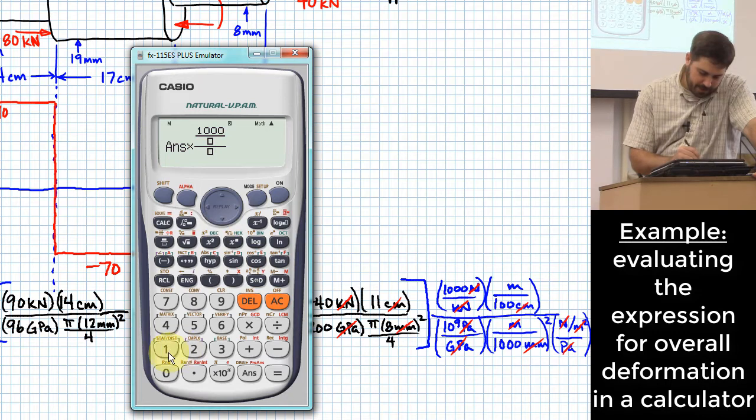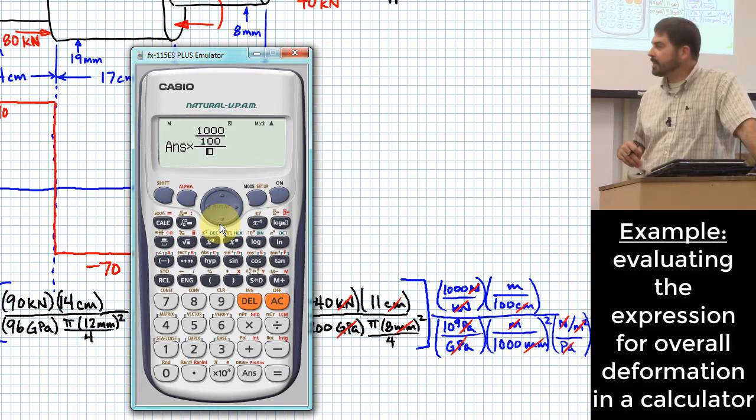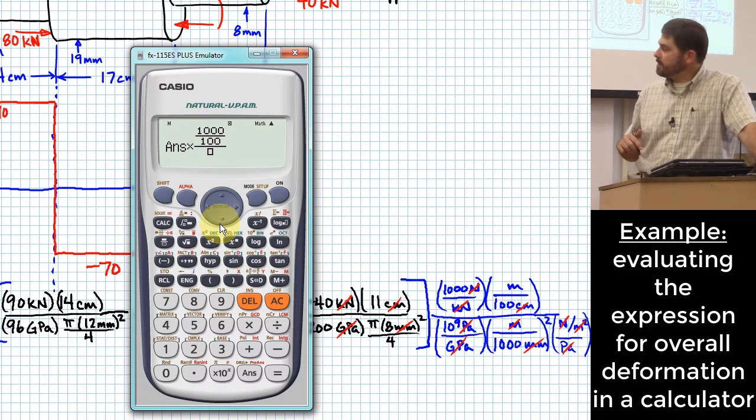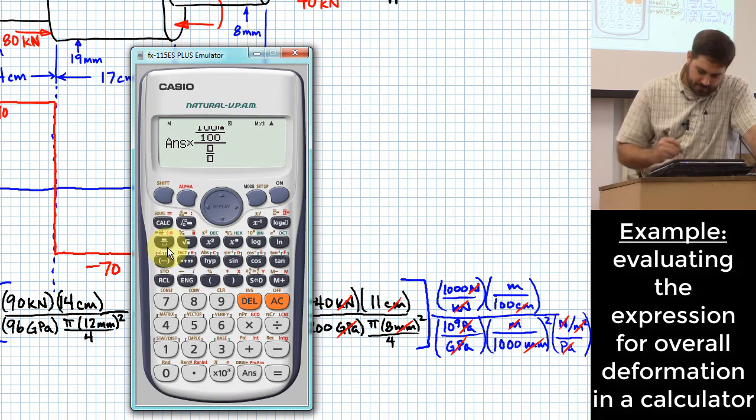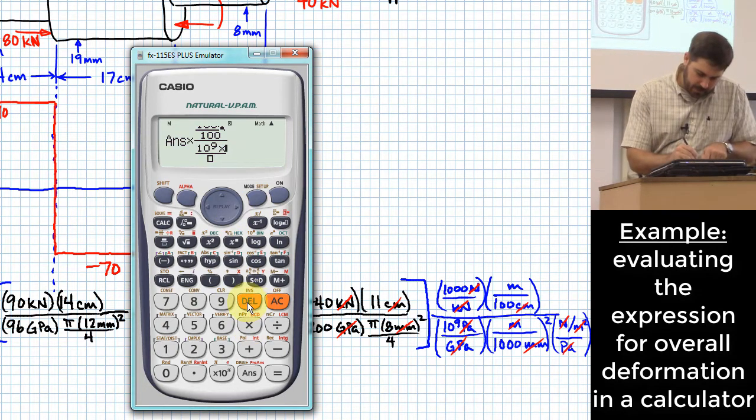Okay? I'm intentionally not doing any of it in my head, right? 1,000 over 100 would be what's in the numerator there. Now what's in the denominator? Okay, so I've got 10 to the 9th. Okay, I don't need any more there. What's in the denominator down here? 1,000 squared, right?